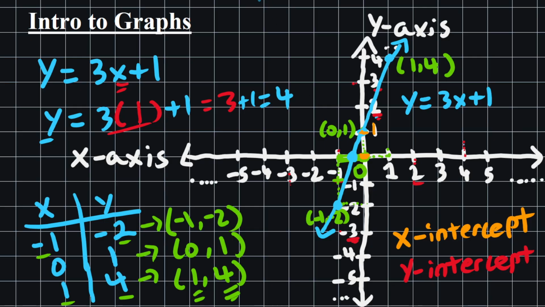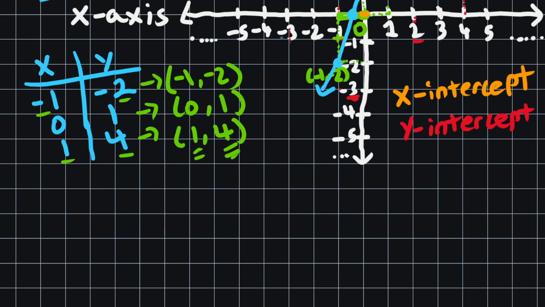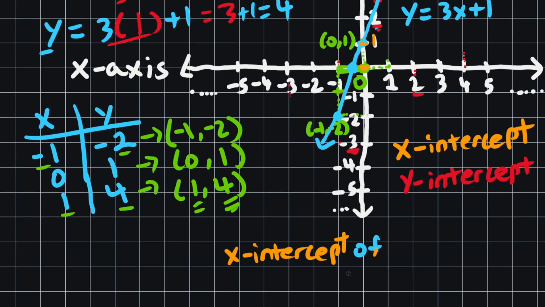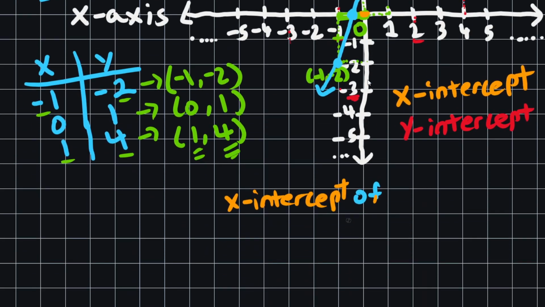But there's a way to find this out algebraically. Let's scroll down a little bit. If we wanted to find the x-intercept of, what was the equation? y equals 3x plus 1.